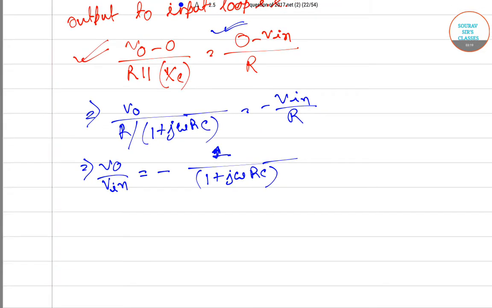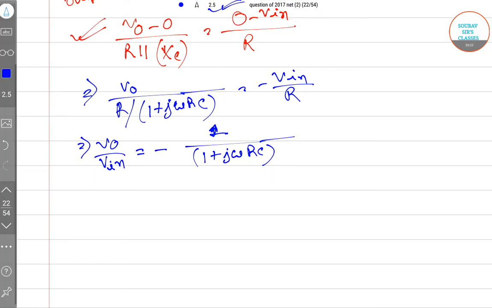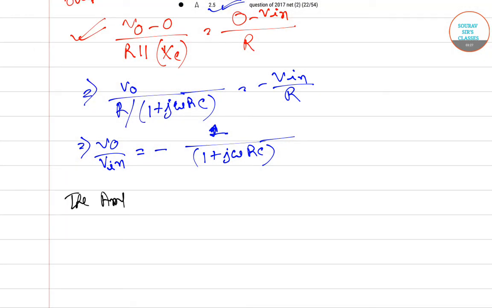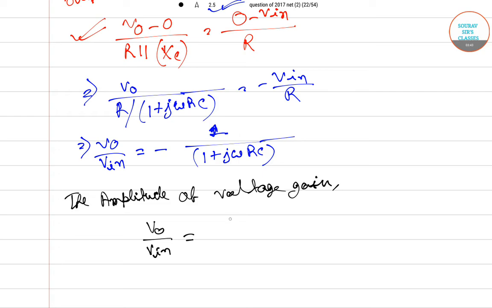So the amplitude of voltage gain can be written as V0 by V input is equal to minus 1 by root over 1 plus omega square R square C square.